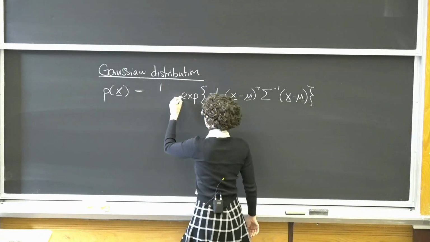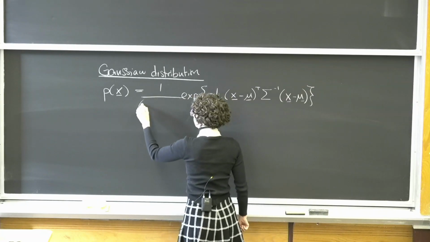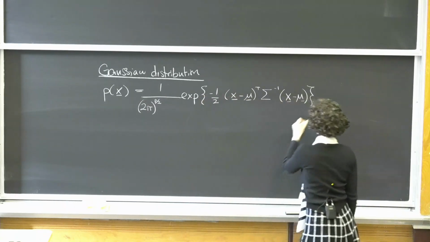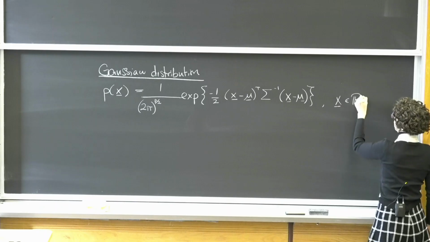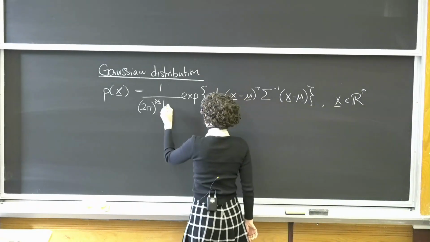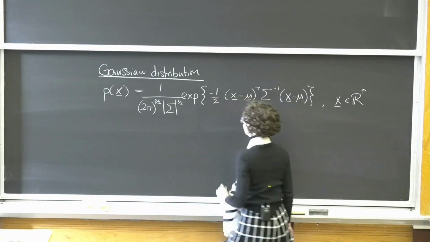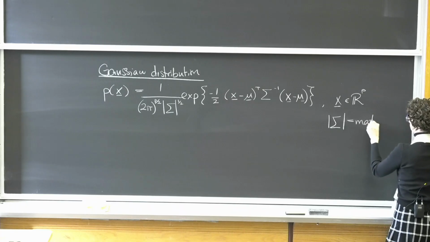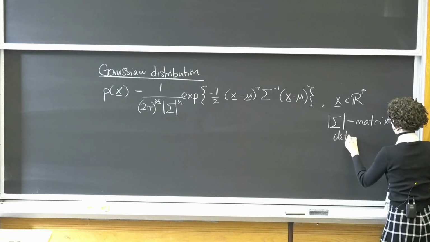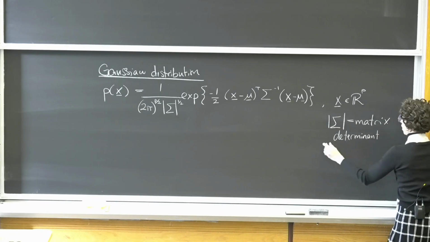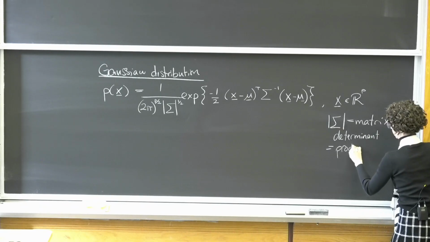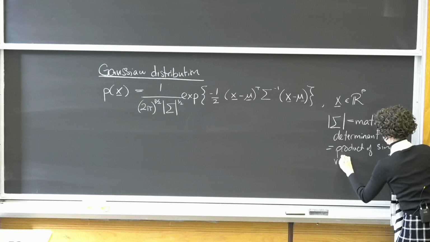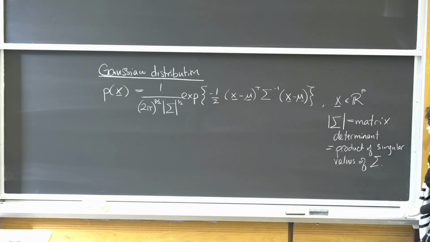And so to have this be properly normalized, I'm going to have 2 pi to the p over 2 power, where each x is in p dimensions, and the square root of the determinant of sigma, where the determinant is just equal to the product of the singular values of sigma.